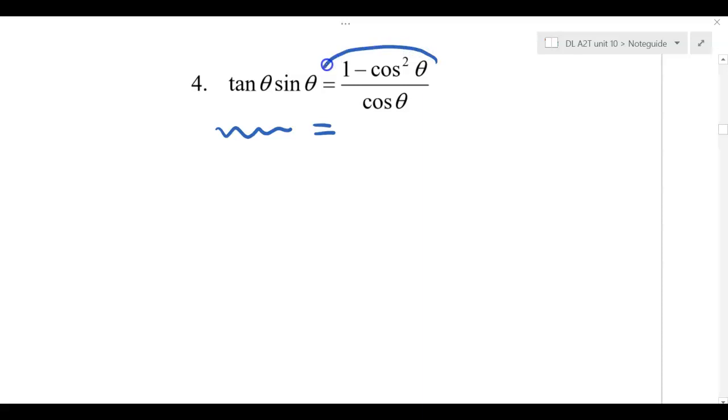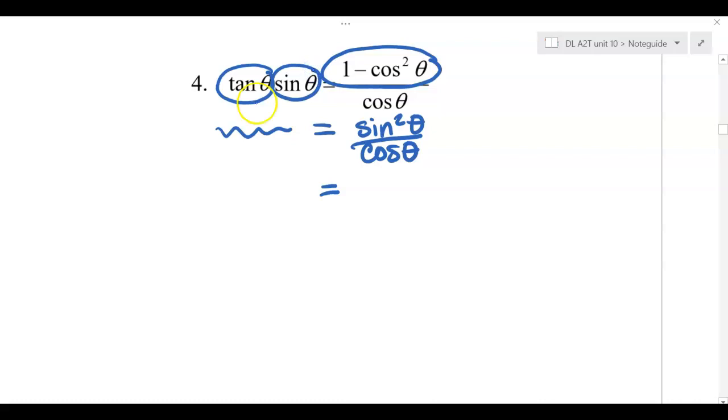And instead of factoring this time, I'm going to see how the identity relates to this. And when you look back at your identity, you should see 1 minus cosine squared could be swapped out for sine squared. Now, the next way that I'm going to rewrite it is really going to be specific towards what I'm getting. Every time I take a step, I'm looking back at my goal. My goal is to get a tangent times a sine. Remember that a tangent, as I'm thinking in my head, is sine over cosine.